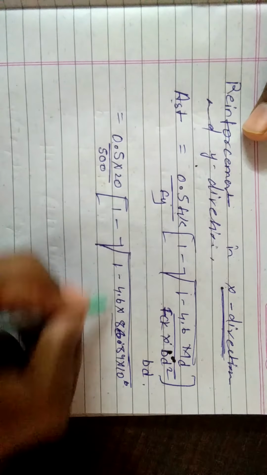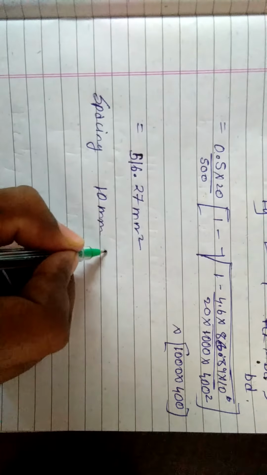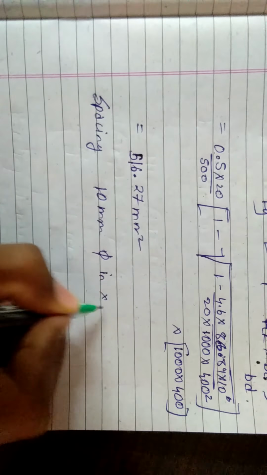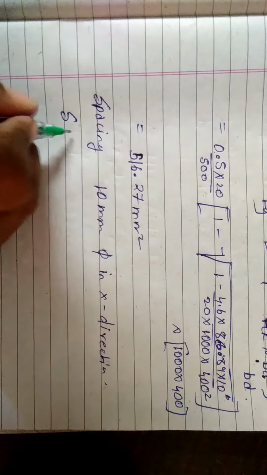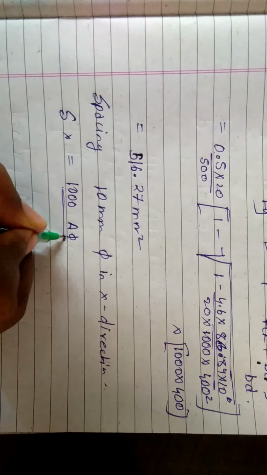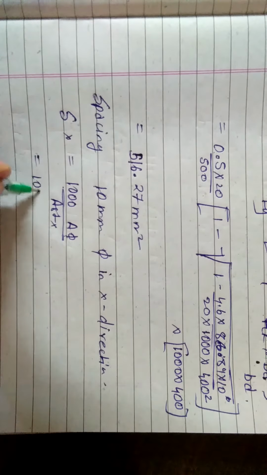Now with respect to X direction, the spacing for the 10 mm reinforcement in X direction: S in X direction is equal to 1000, meaning the value of B, into area of diameter of bar, pi by 4 into 10 square, divided by the value of AST in X direction, which we came through, that is 516.27, and the value will be 152.13 mm.